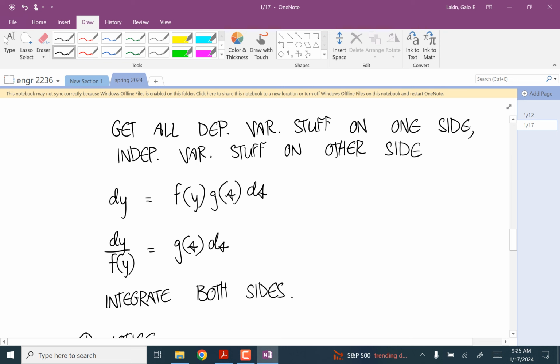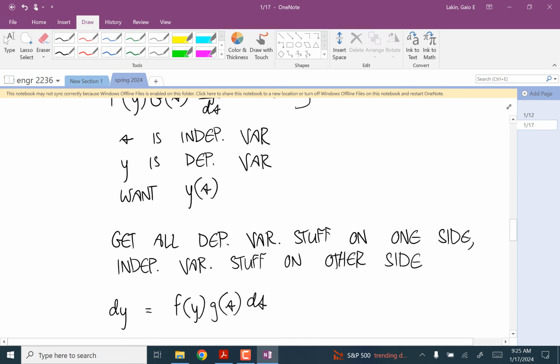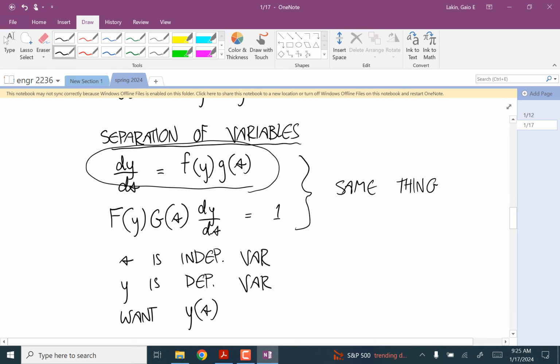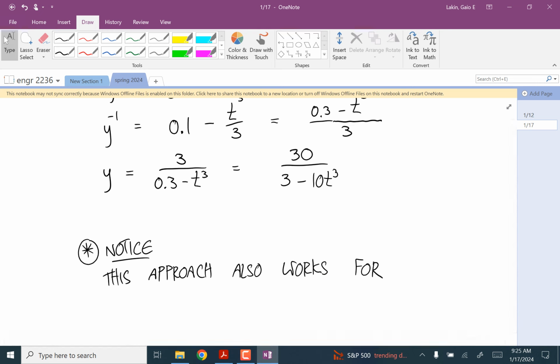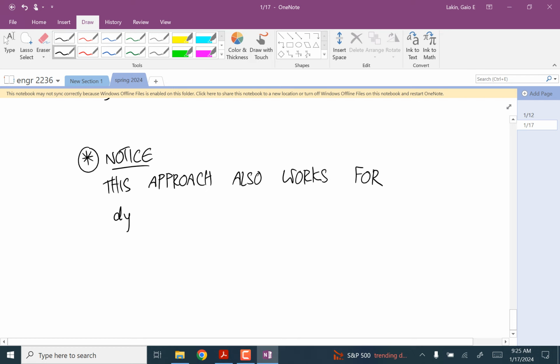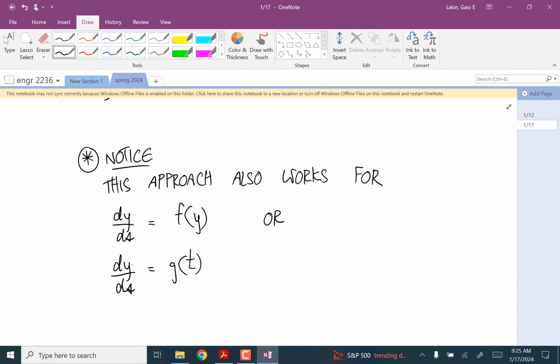And so you can use this for things like dy/ds is equal to f of y. And you can also use it for dy/ds is equal to g of t. Okay. It actually makes it easier. You only have to deal with one of those integrations.